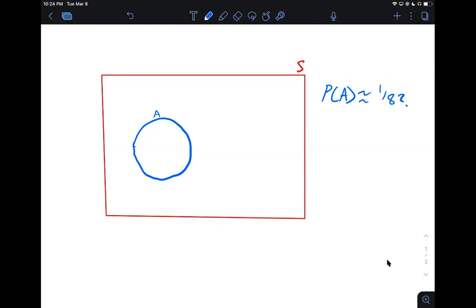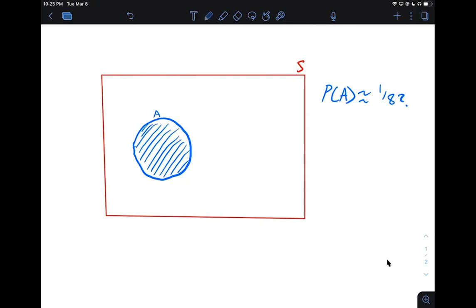Or in other words, you could basically just take the area here. And it really doesn't matter what the units are. You could just take the actual area of this circle, just literally as big as it is on the screen, and divide it by the area of S and get the probability.